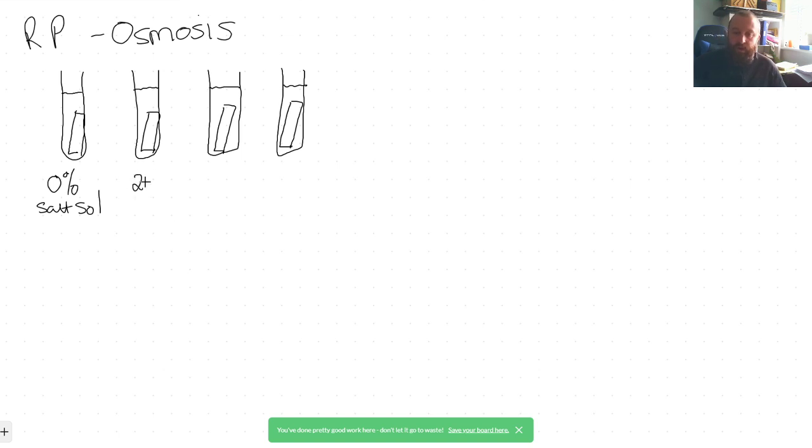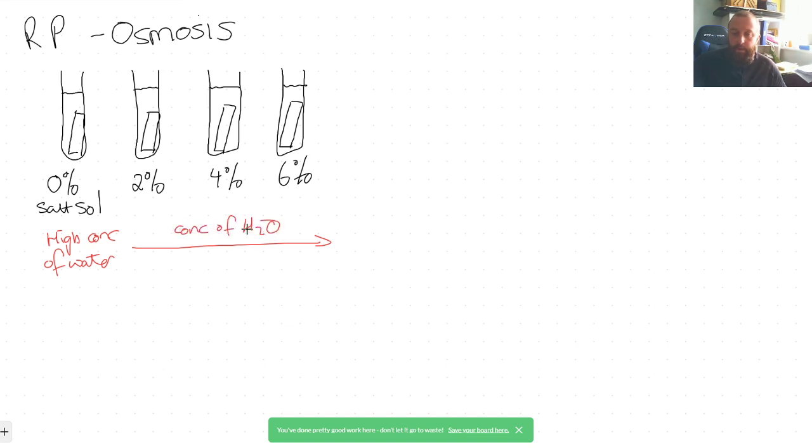Then maybe 2%, 4%, and 6%. The concentration of water decreases as our salt solution increases.